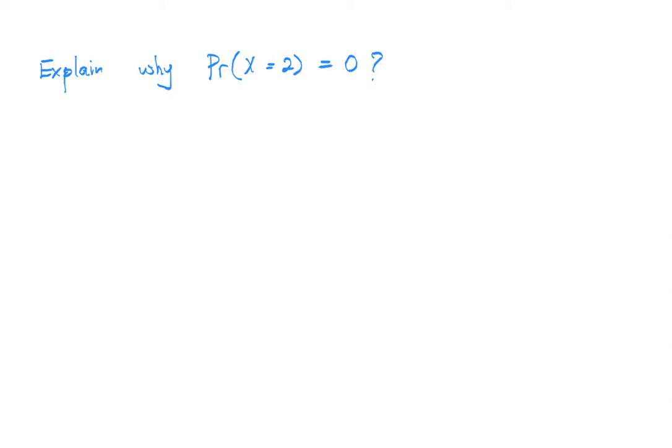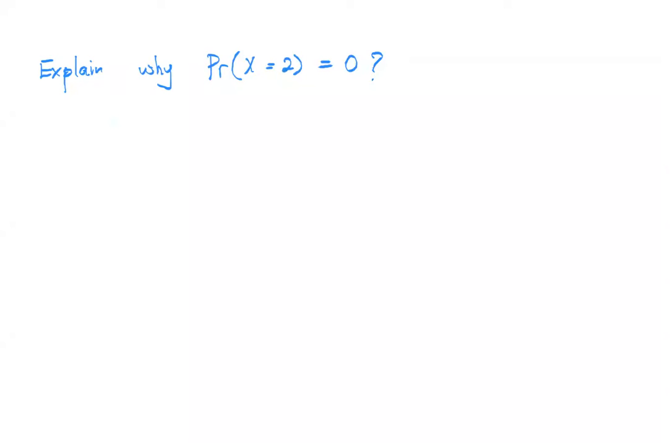How are you going to explain this? You know that if you want to find the probability for a particular continuous variable to happen, you find the area bounded by the probability density function, right?